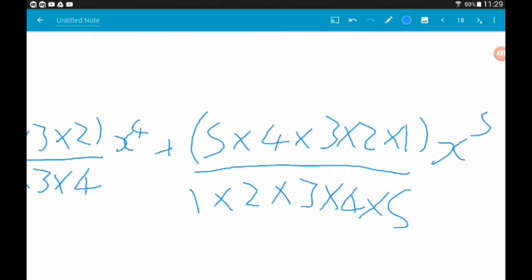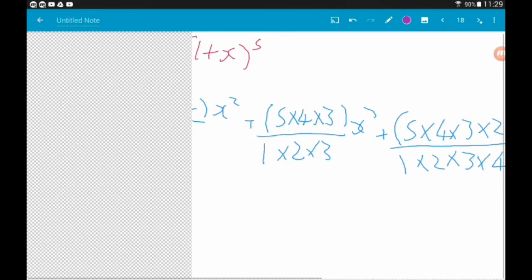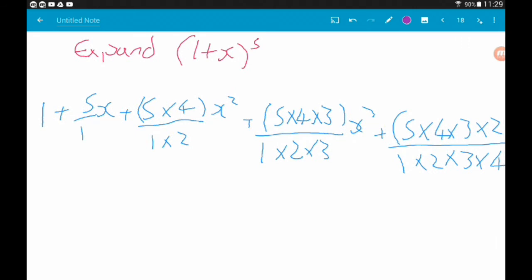So, let's now sharpen this up because we can cancel quite a lot. Okay, so let's go back to the start. So, we've still got just that one term. And then we've got 5 over 1, which is just 5. So we've got 1 plus 5x.